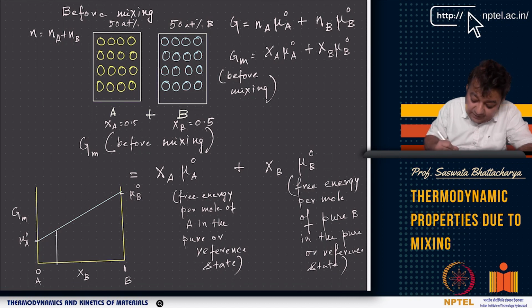Say here xB is 0.25. So this is the free energy before mixing.